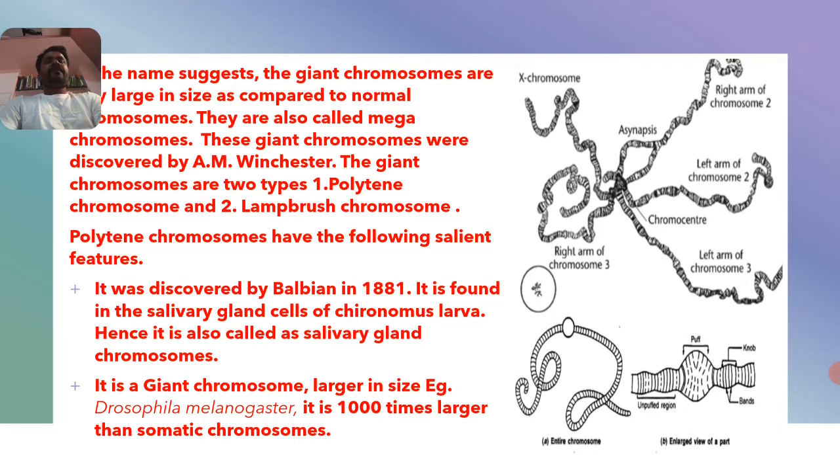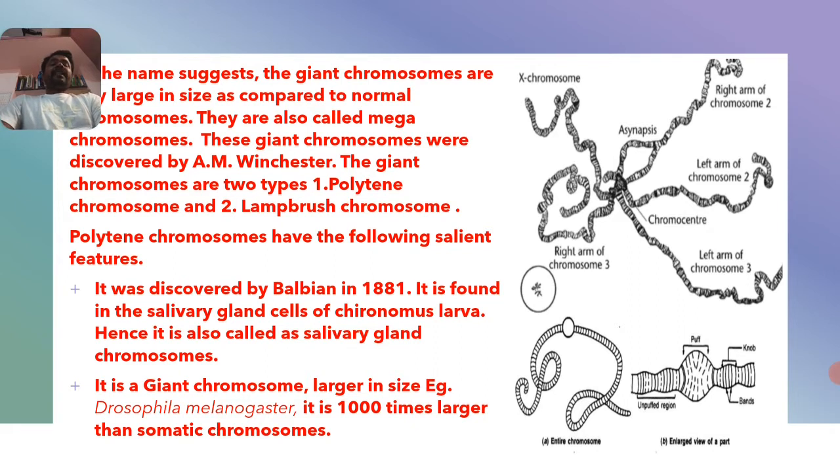Because a kind of cell division takes place in some organisms. That cell division is called endomitosis. What does endomitosis mean? Endo refers to inside, and mitosis refers to indirect cell division.